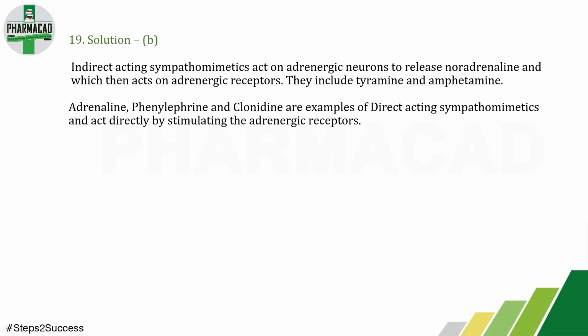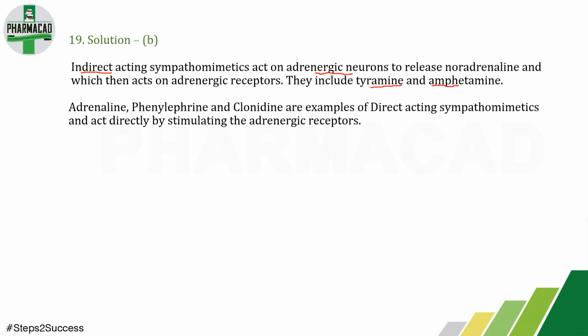Indirect acting sympathomimetics act on the adrenergic neurons to release noradrenaline, which then acts on the adrenergic receptors. That is why they are called indirect acting sympathomimetics. The examples include tyramine and amphetamine. So remember these two drugs. These are the indirect acting adrenergics.